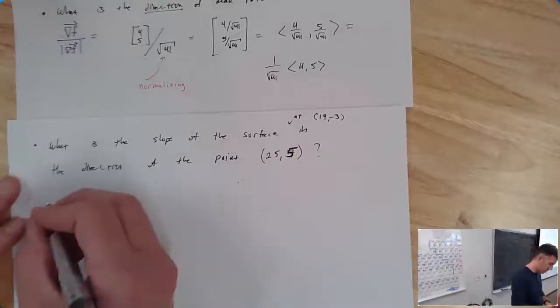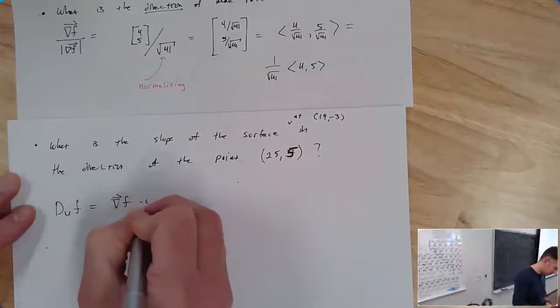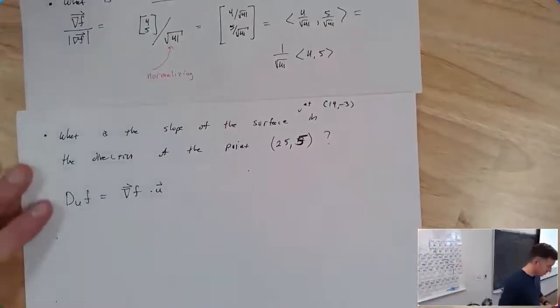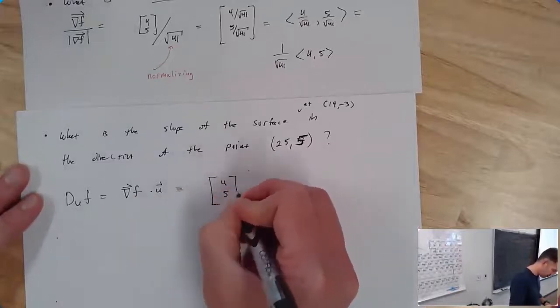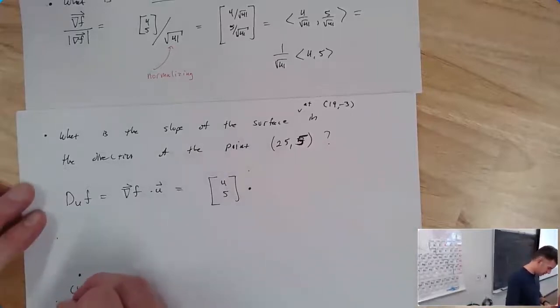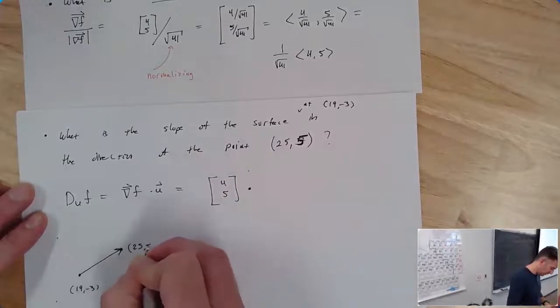So we need to calculate the following. We already know what the gradient is. The gradient is just the vector 4, 5. We have to find our unit vector. So we know we're starting at the point 19 comma negative 3, and we're ending at the point 25 comma 5.